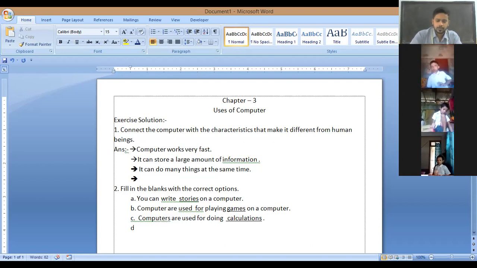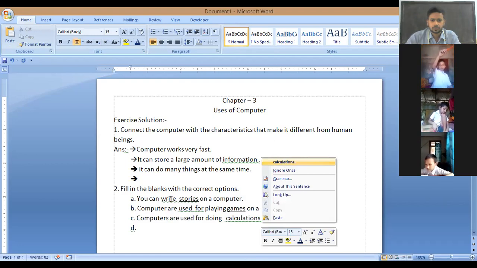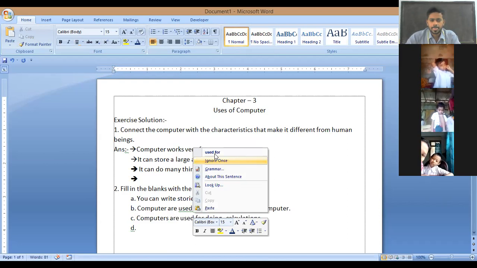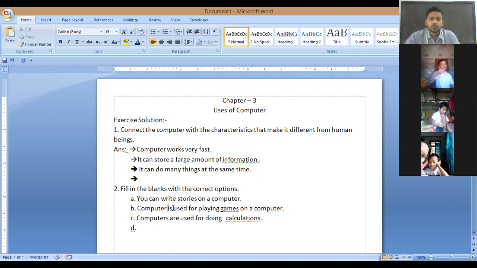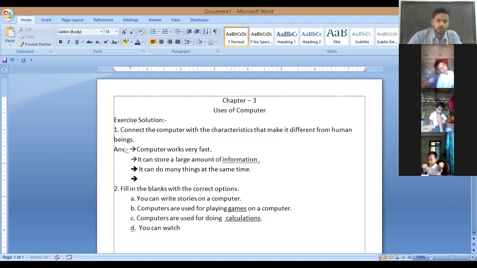Number D: you can watch a movie on a computer.